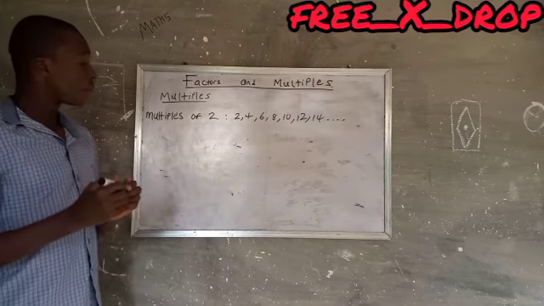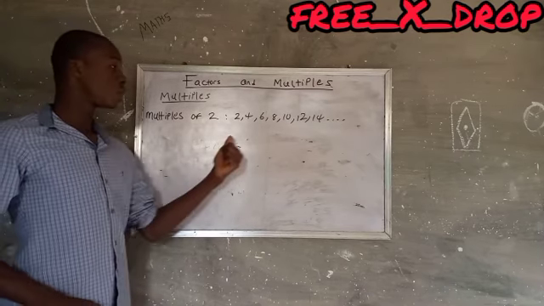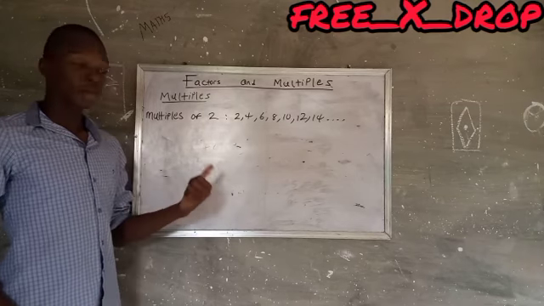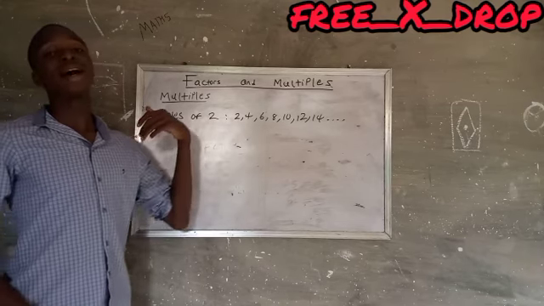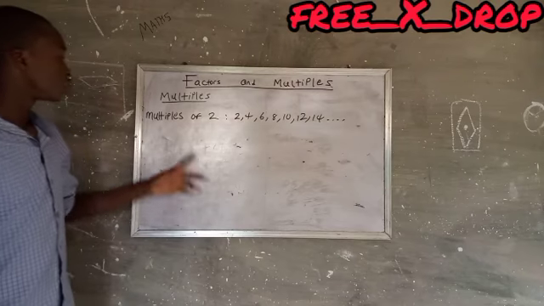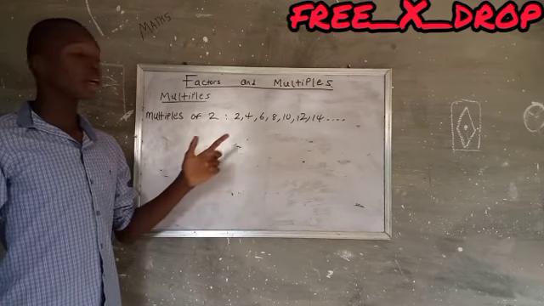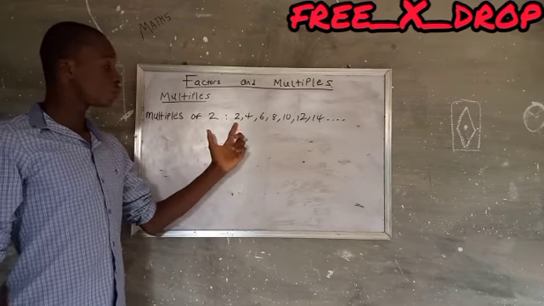So you see, the first multiple of 2 is 2, and thereafter keep adding 2. Because they said multiples of 2, don't add any other number except 2. You first write your 2.